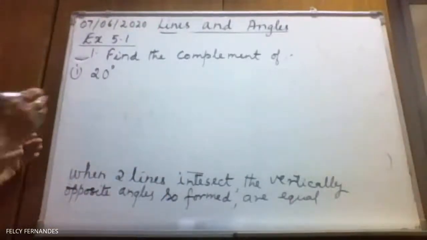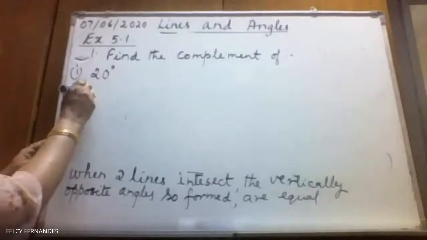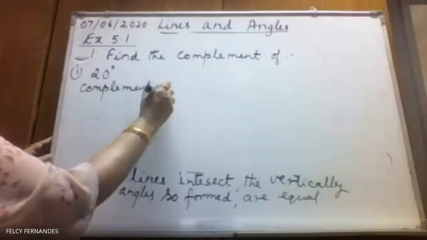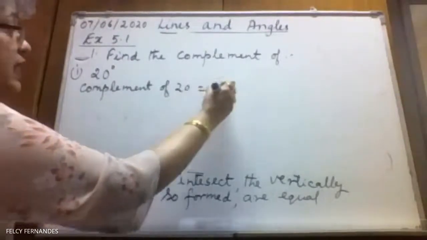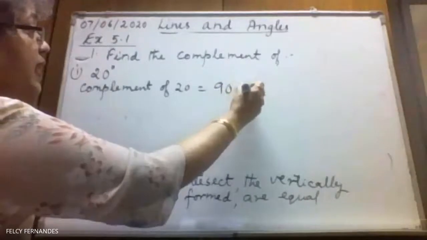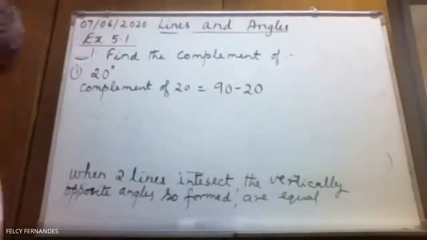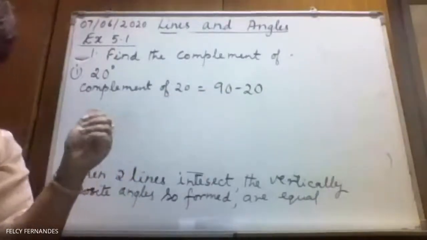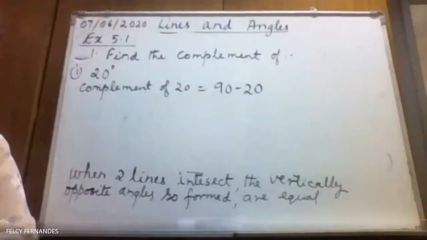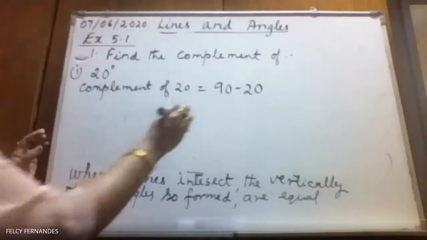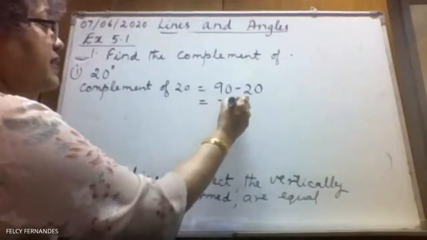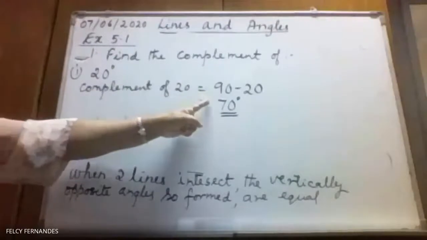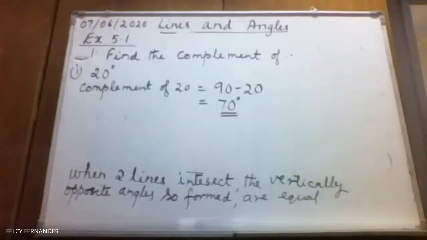To find out the other angle, complement of 20 is nothing but 90 minus 20, because the total should be 90 degrees. So you should do subtraction from 90 degrees and you get the answer as 70 degrees. Like this you should do.